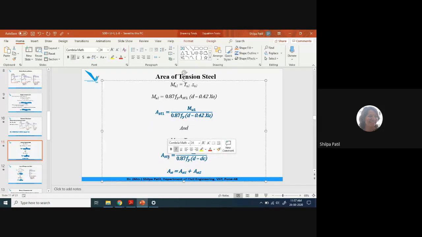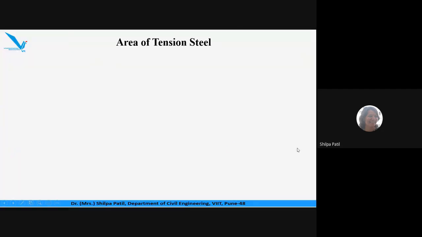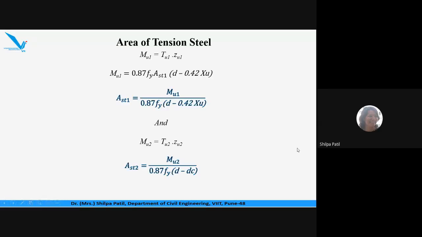AST2 is given as Mu2 upon 0.87 Fy into Zu2, where Zu2 is d minus dc. So the total area of the steel is given as AST1 plus AST2.